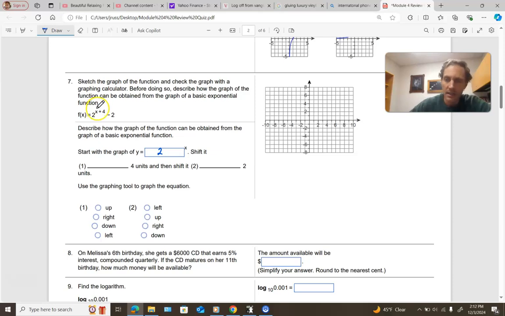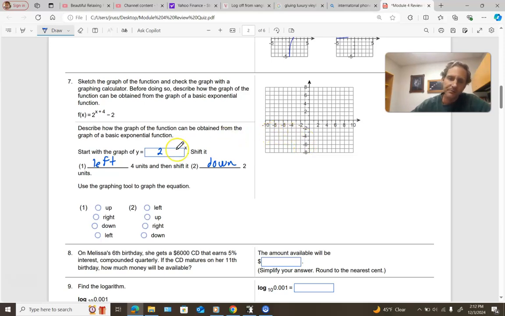Because this says x plus 4, it actually shifts horizontally to the left 4 units. And then we would shift it down 2, because this minus 2 right here will shift all those ordered pairs down 2. Okay? And then your last step is just going to be to graph it.